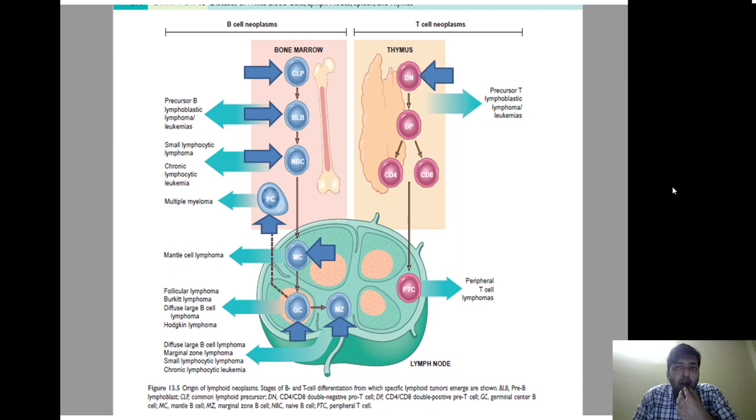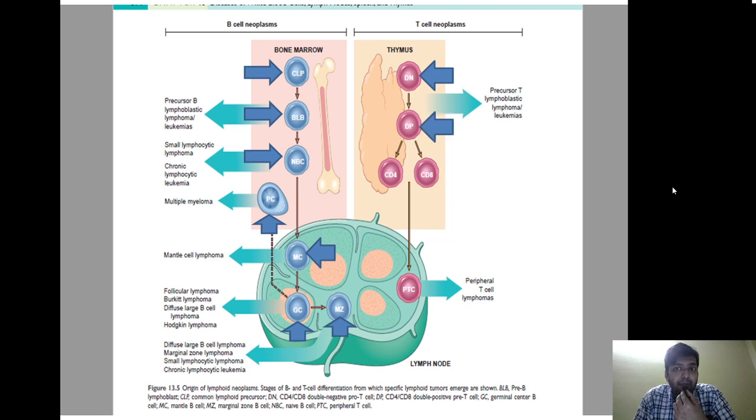Now about the T cells. T cells, remember, originate from the bone marrow, but for maturation they come to the thymus. The maturation of the T lymphocyte is not that difficult. First of all, they are double negative, that is, they do not have CD4 and they do not have CD8.